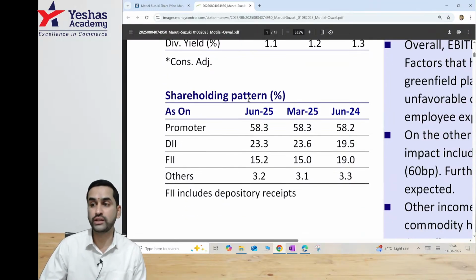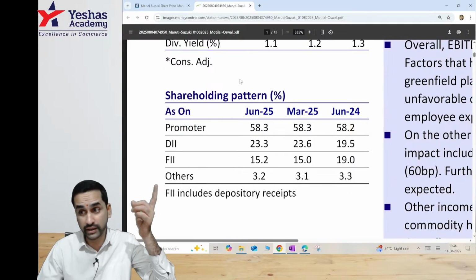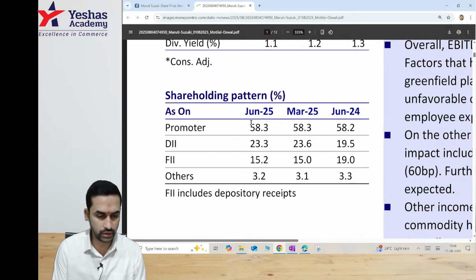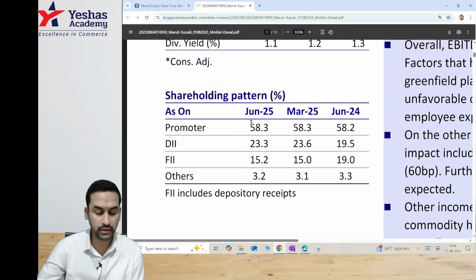Then you have something called shareholding pattern. Who is holding the shares of this company? Promoters. Promoters are the people who started the company, or their family members and so on. Mainly the original idea, whoever had that. Like in Reliance case, it will be Ambani's name. DII is domestic institutional investors.